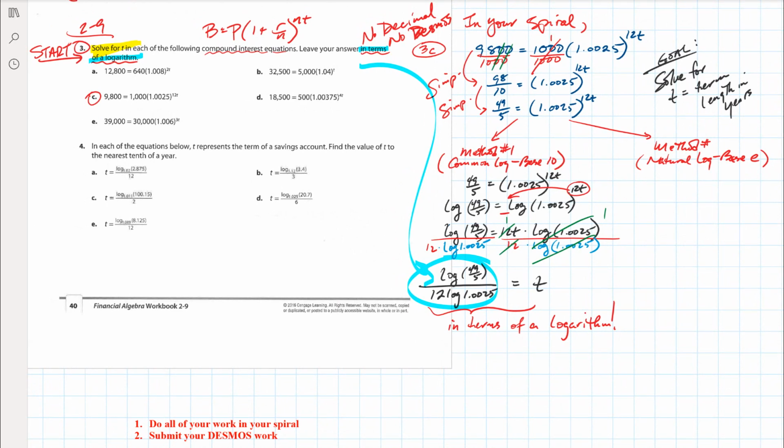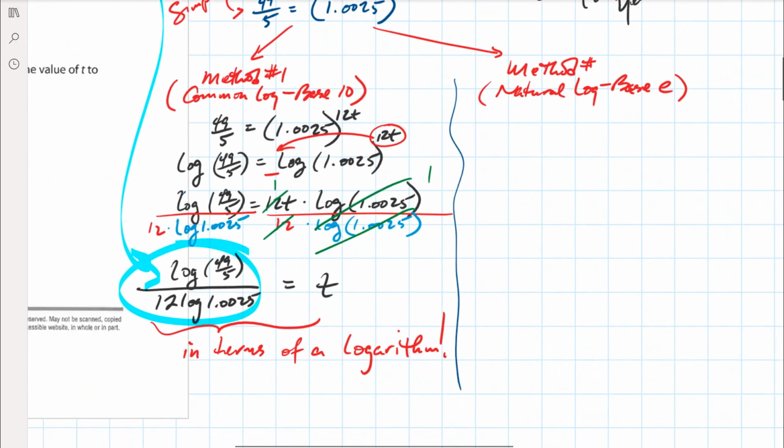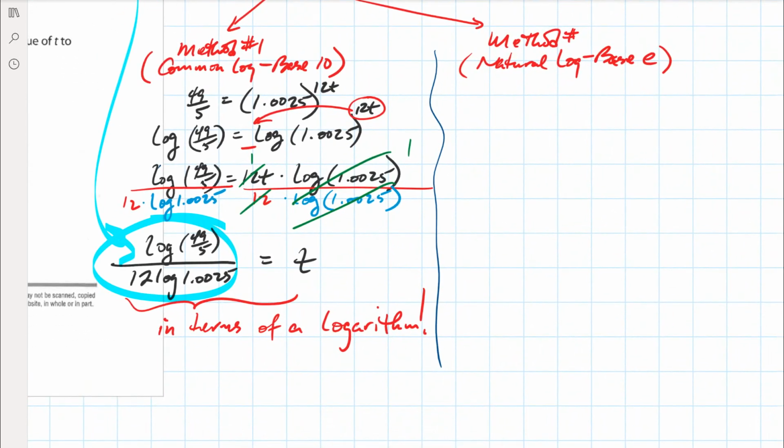So now let's do it a different way. I'm going to rewrite the equation over here. And I'm going to do a similar thing, but I'm going to use the natural log instead of the common log. Basically the same idea, but done with the natural log, which is base e.